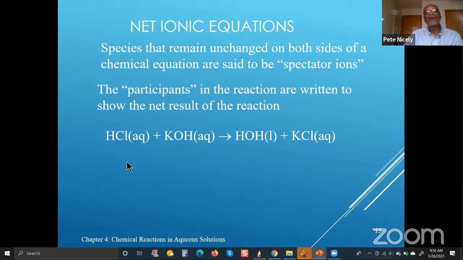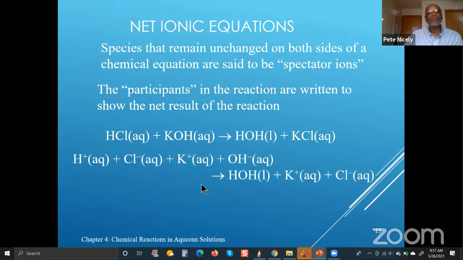So therefore, we're going to have three species that will undergo complete dissociation: the hydrochloric acid, the potassium hydroxide, and the potassium chloride. The water is a molecular compound and it will not undergo dissociation. So what we're going to do in the next line is write down all the species that will exist after dissociation. And that's what we have here.